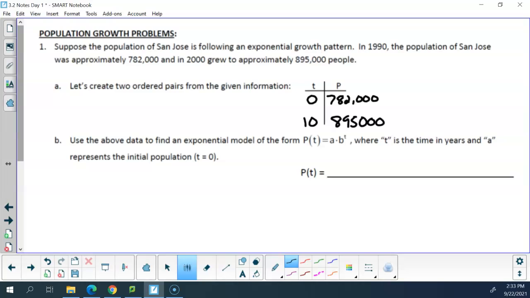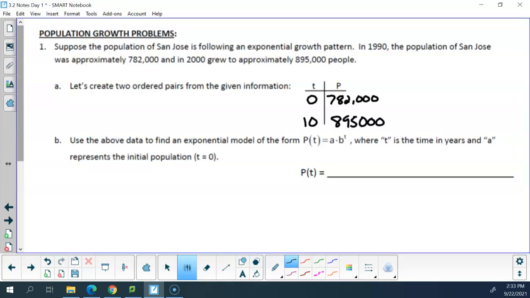Use those 2 data points to find an exponential model of the form P of t equals a times b to the t, where t is the time in years, and a represents the initial population when t is equal to 0. I like this one.